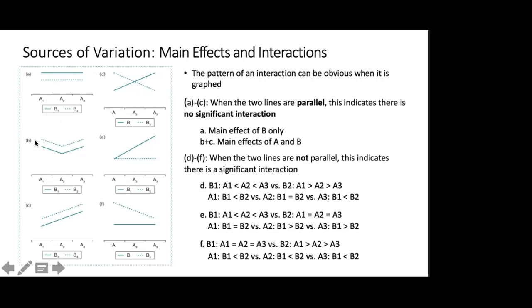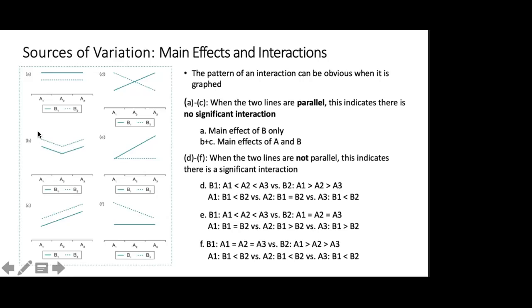Here we do have a main effect of A and B, right? We still see there's a difference between B1 and B2. This difference is constant across all levels of factor A. But in addition, we see some variation in the means for factor A, so A2 is smaller than A1 and A3.